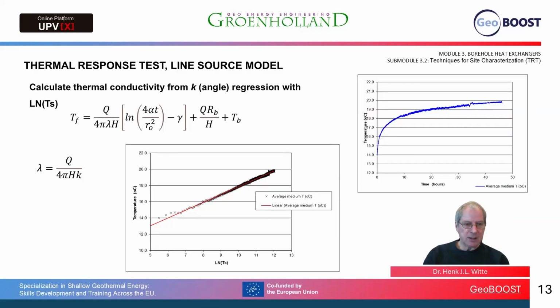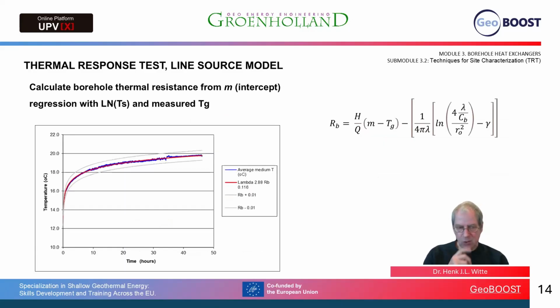We have again a nice formula that tells us that the relationship between the power injection and the thermal conductivity depends on the angle of the graph. You can see the little formula a little bit lower, where it says lambda equals Q, the heat injection rate, divided by 4 times pi times the height of the borehole times the angle of the curve.